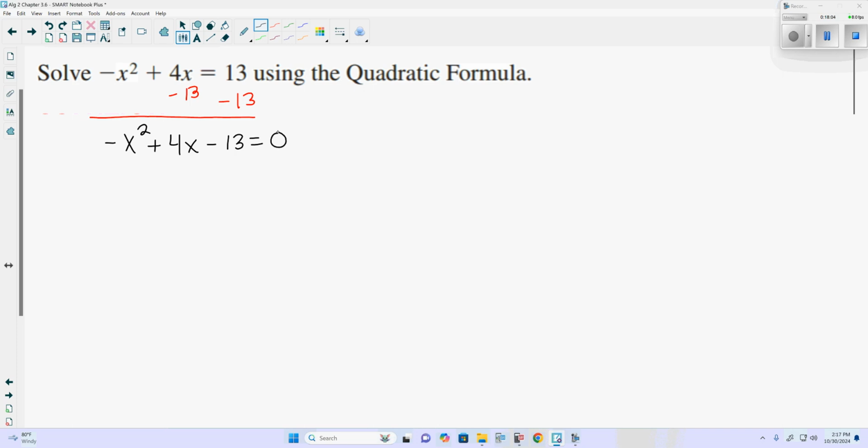Now we can leave it like this here and solve, because we already did one like this earlier, yes? But the thing we had to change in the end was the negative, yes? Because a is negative. So it might make it a little bit easier if we just made it, what? Positive. Because we can multiply everything by -1.